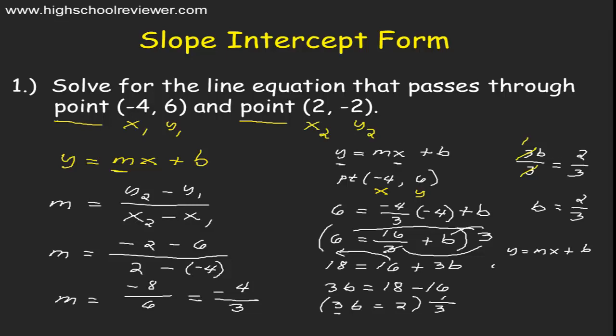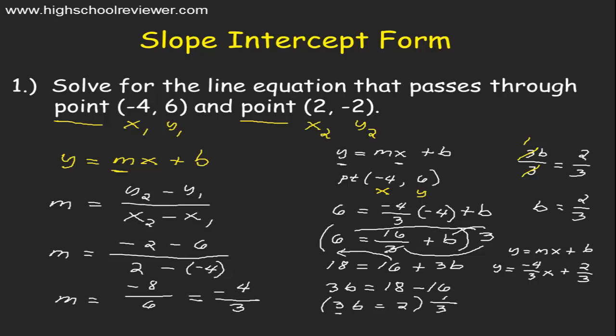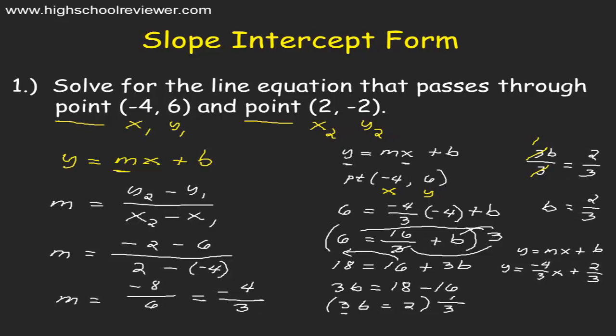So this will be y, and our m is negative 4 over 3 multiplied by x plus our intercept, b, that is 2 over 3. So y equals negative 4 over 3 times x plus 2 over 3. This is now our slope-intercept equation.